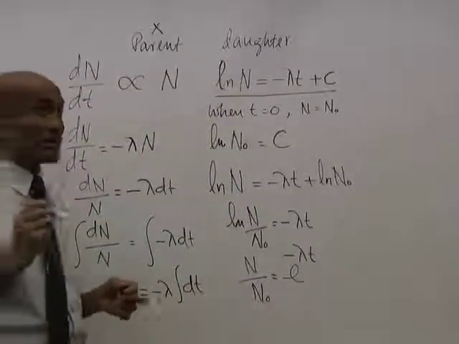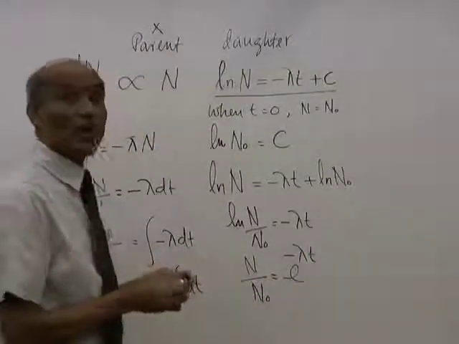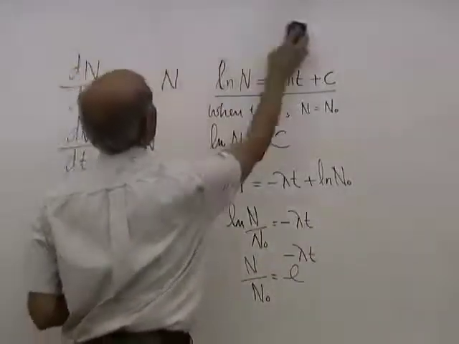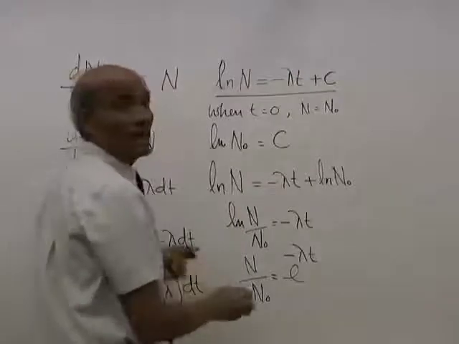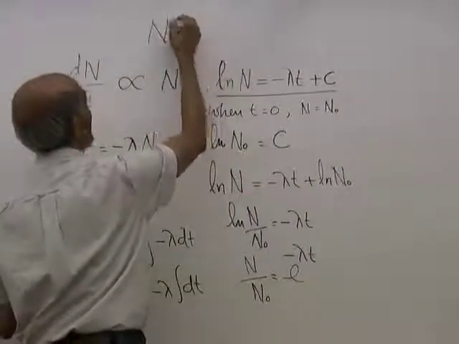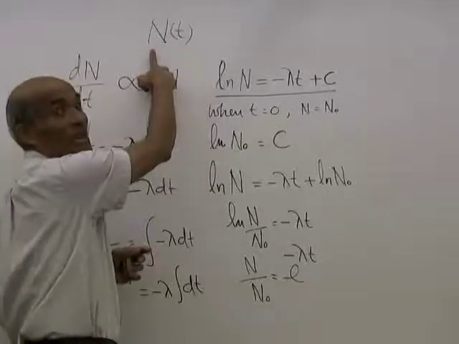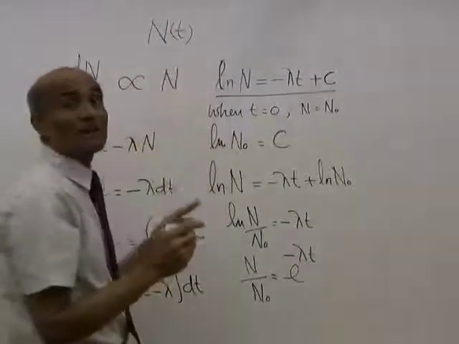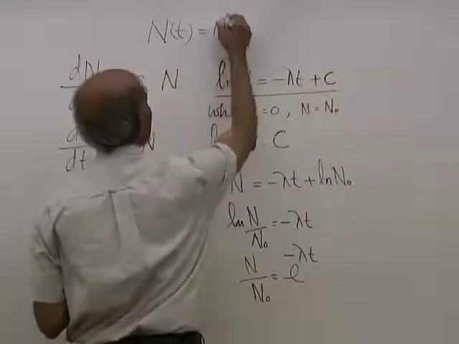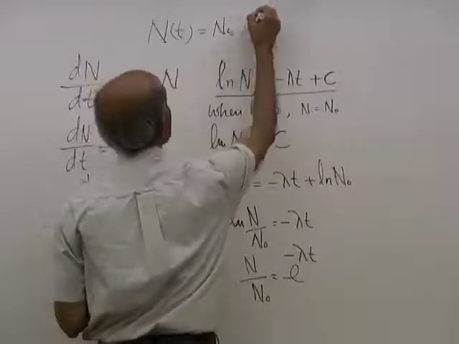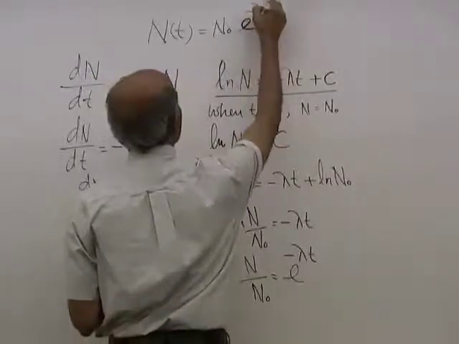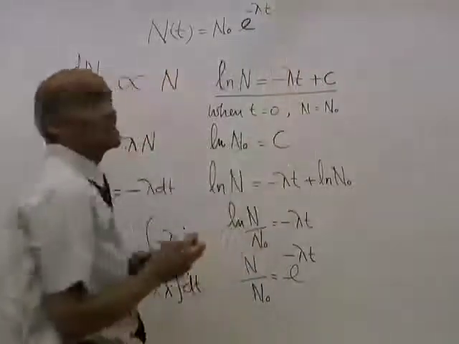Well, we have very nearly solved the equation. I can now write the solution of that equation as n, I'm going to call it n of t, the number of radioactive elements present at any given time, equal to n0 e to the power negative lambda t.